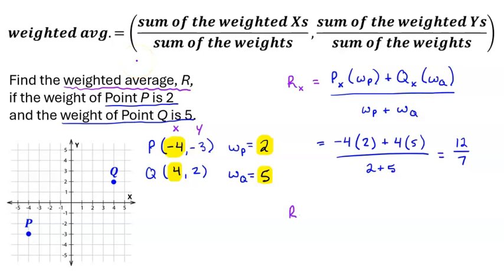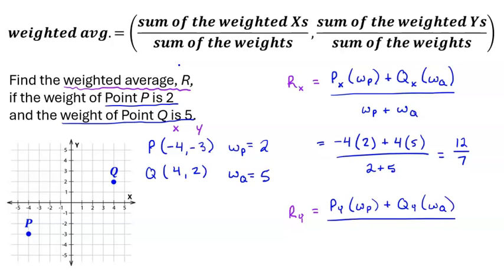Now, for my y-coordinate of R, I'm doing the same thing. So I'm going to go ahead and get rid of these highlights. And so we're going to take the y-coordinate of P times the weight of P plus the y-coordinate of Q times the weight of Q, and then we're going to divide by the sum of the weights just like we did before.